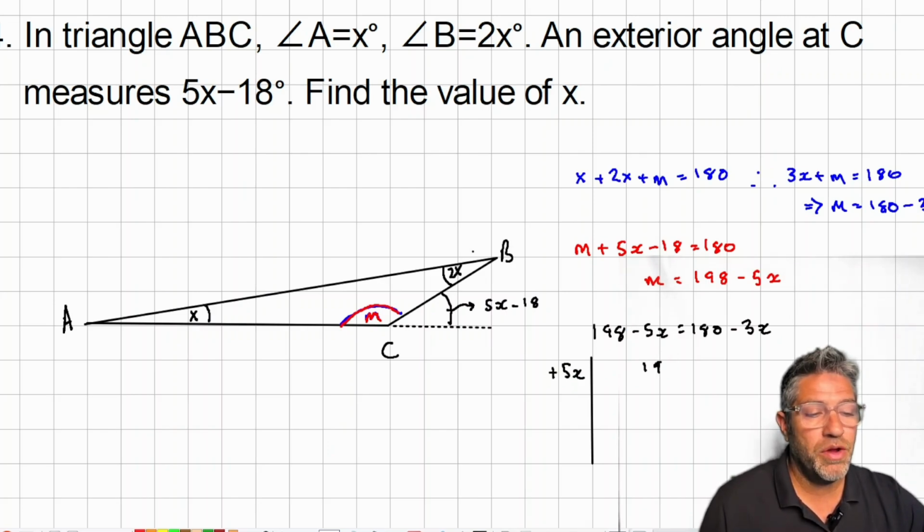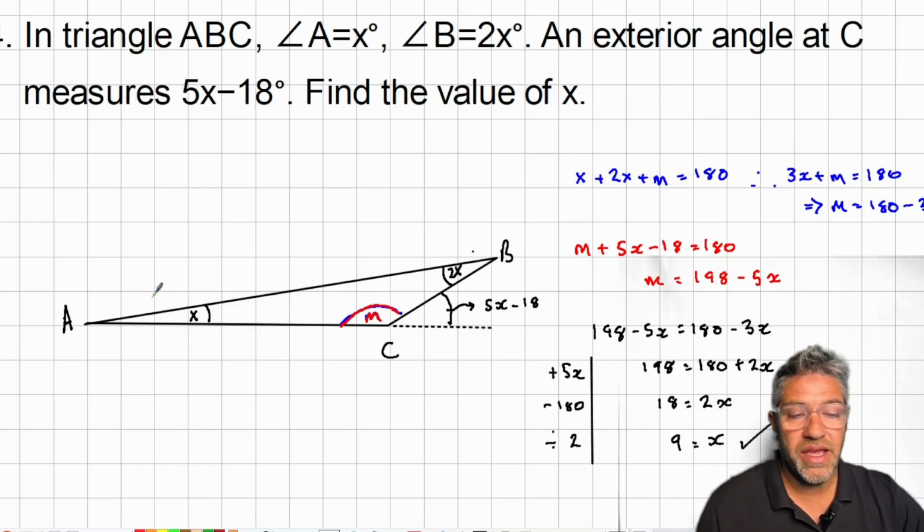So that would give me 198 equals 180 add 2x. I can now subtract 180. That will give me 18 equals 2x. And if I divide by 2, I get 9 equals x.